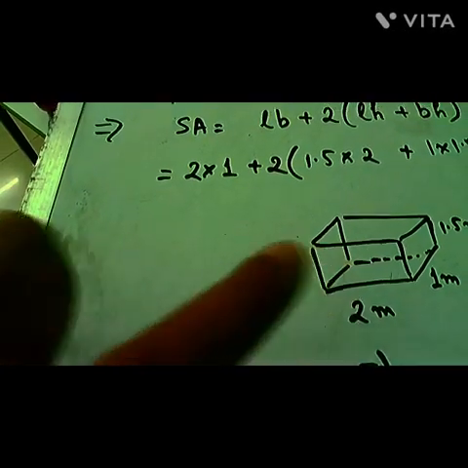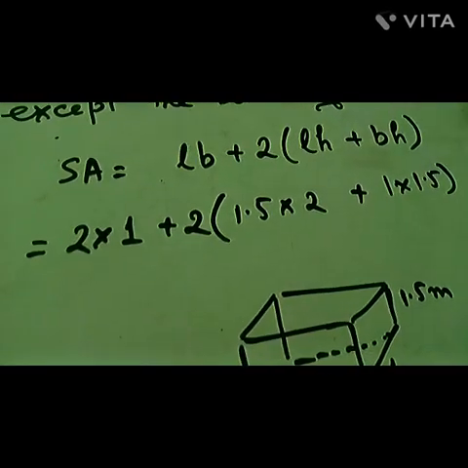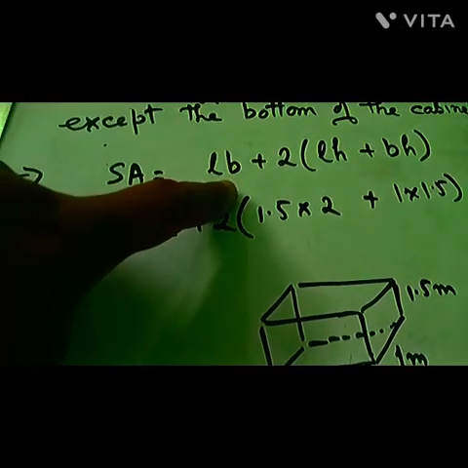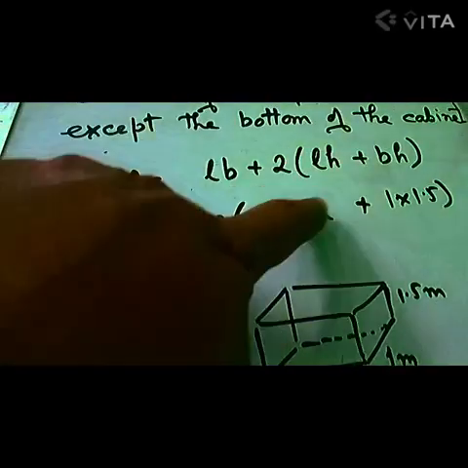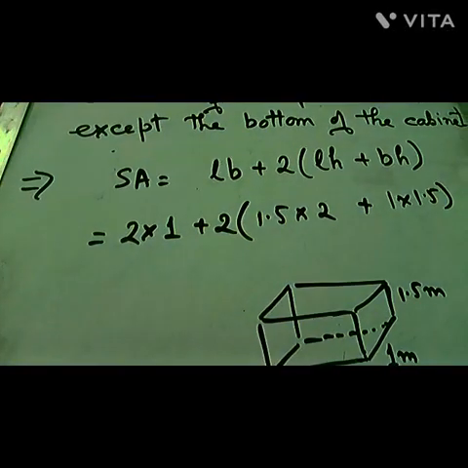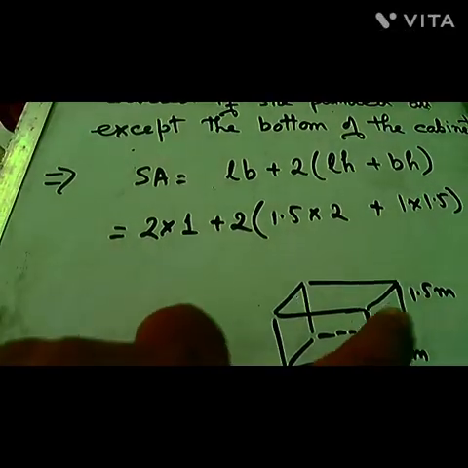So we cannot use total surface area, but we can do surface area. So we will keep length into breadth one time, plus 2 bracket LH plus BH, that is length into height and breadth into height.